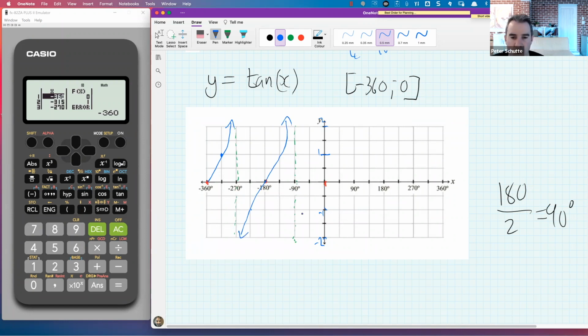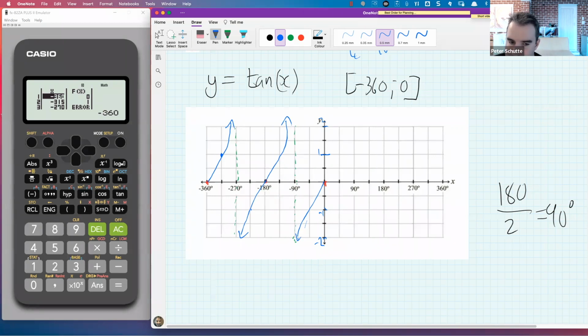Now, on this side, let's have a look. Like that, you can imagine. So what is the step for such a graph? Is it 90? Basically the step size for this is 90.